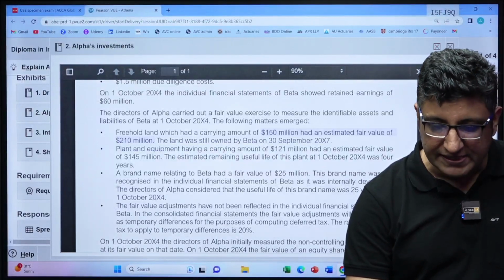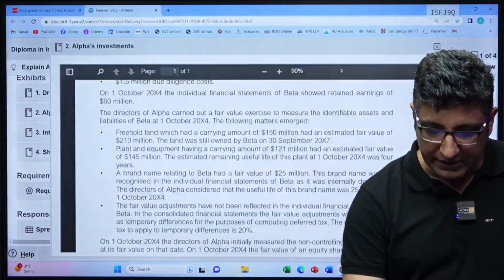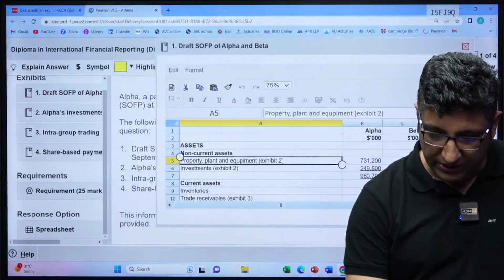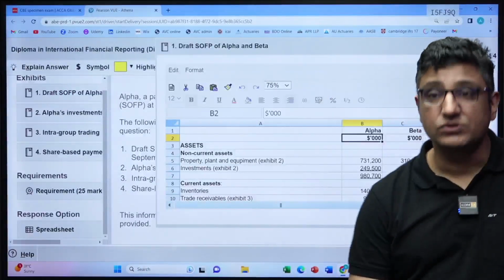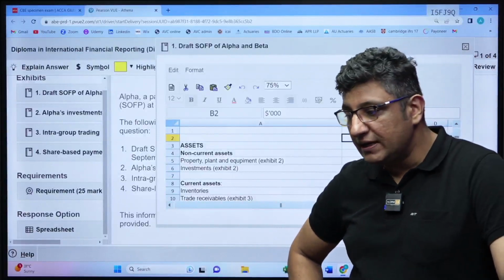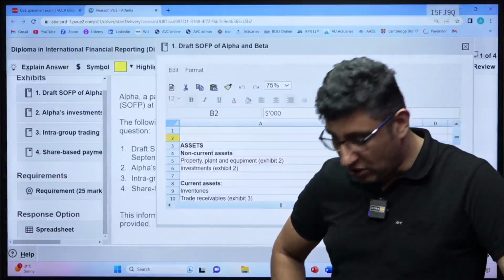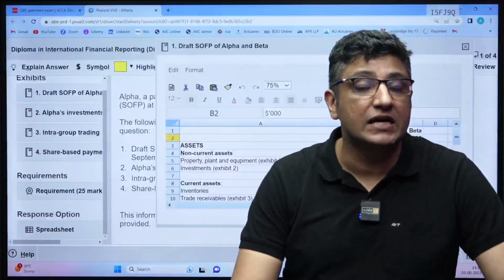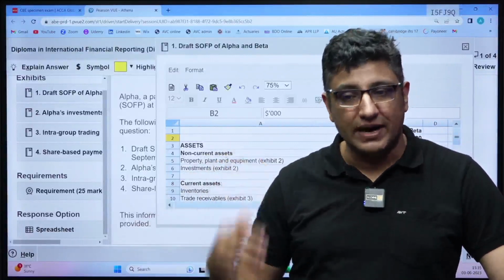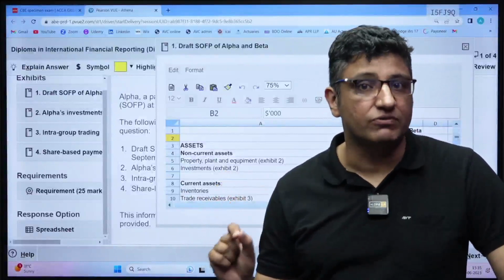Now, before I really start writing those numbers, remind yourself that when you look at your draft SOFP, all these numbers are in thousands of dollars. Even if it is not explicitly or categorically stated by the examiner, try to put all your numbers in the same denomination, which is thousands of dollars.